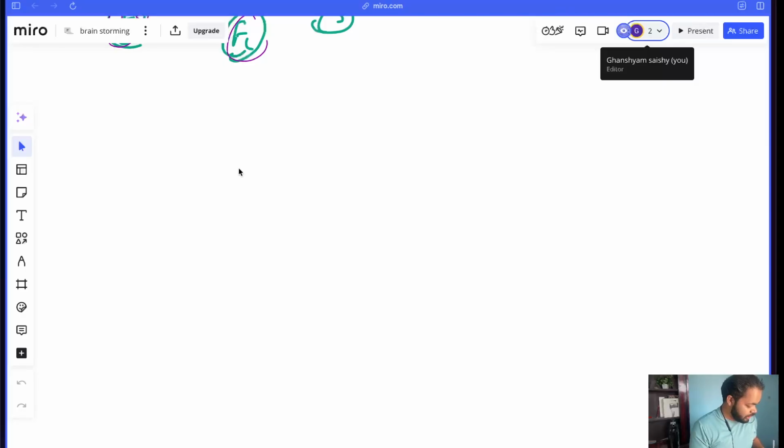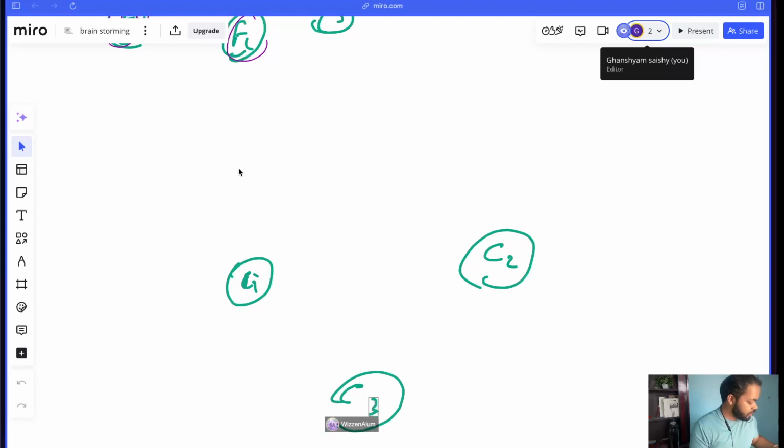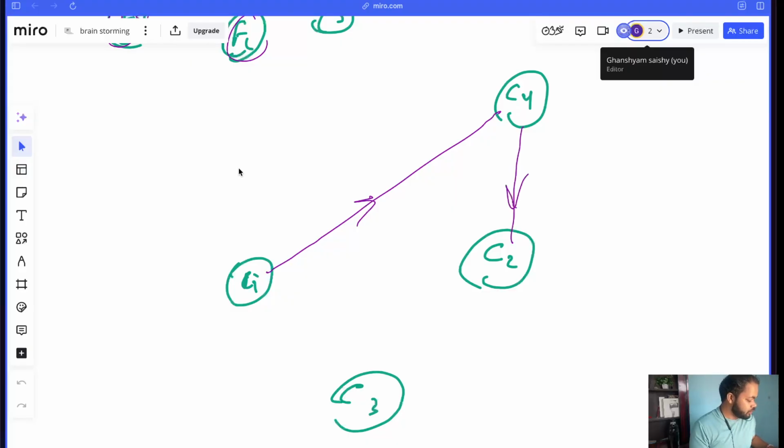So in that case, okay, cities C1, C2, C3, C4. Now if I make a diagram and there is only one way, then it is only possible to reach C3 by going from C1 to C4, C4 to C2, C2 to C3, because these are directed graphs.